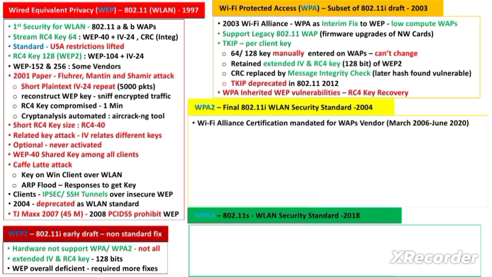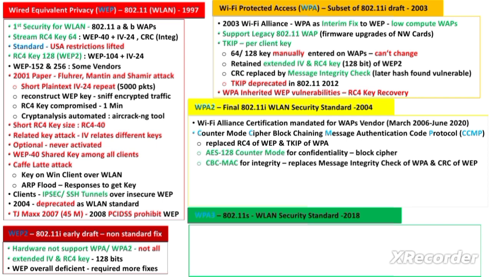So the certification program started in March 2006 and it ended in June 2020. So all the devices which bear the logo of Wi-Fi were certified under this program.